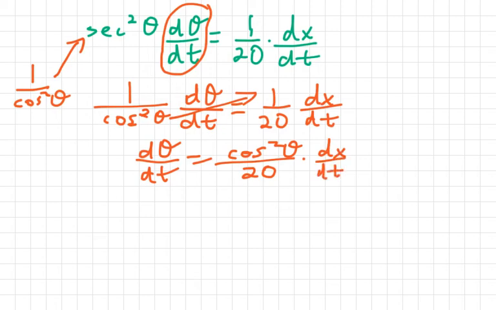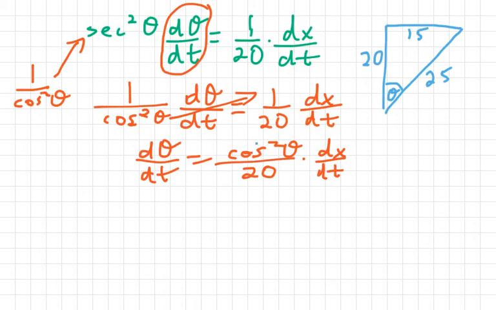We could go and solve for theta using right trig, but I think it's a little bit silly to do that when we know that this is 25 and this is 15 and this is 20 right here in our original triangle, and there's theta. We've got to replace cos right here.